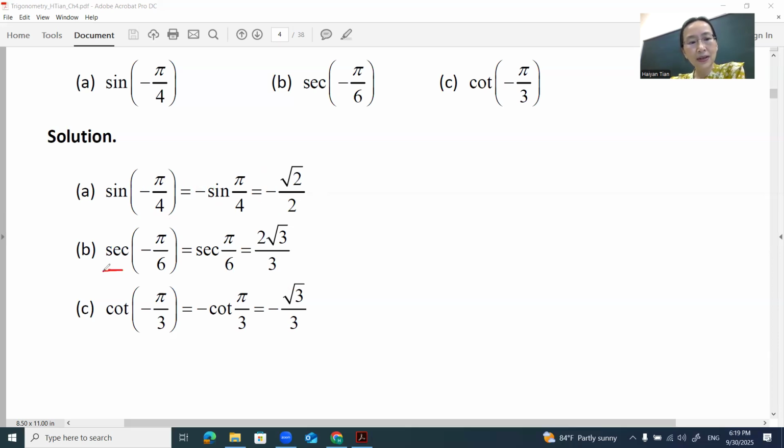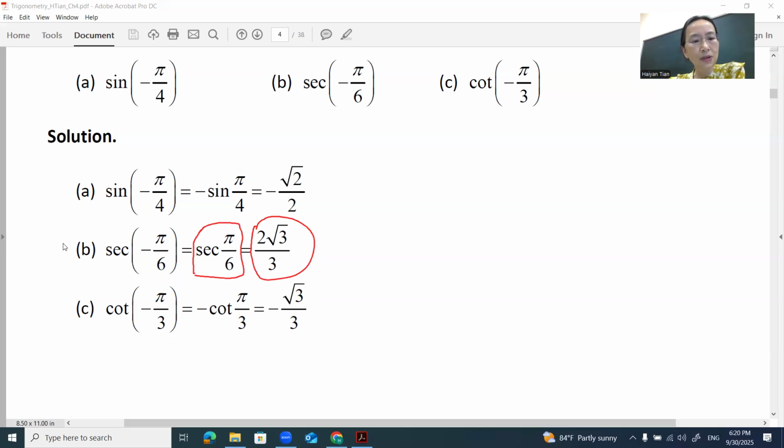And the secant function is even. It is an even function. Secant of a negative is the same as the secant of the positive of this angle. So secant negative pi over 6 is the same as secant pi over 6. Pi over 6, you know, it's a 30-degree angle, right? So then we know the secant of 30 degrees is this.